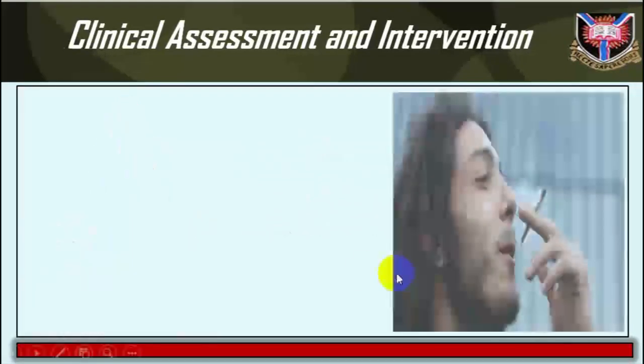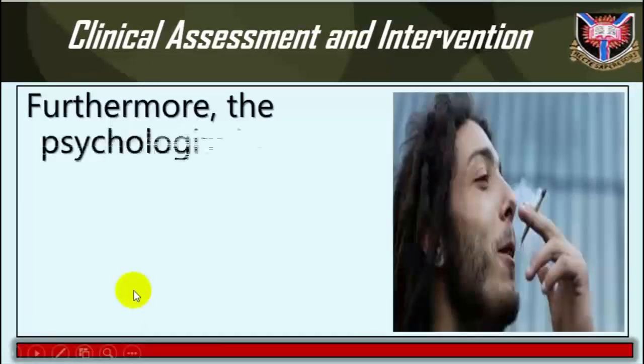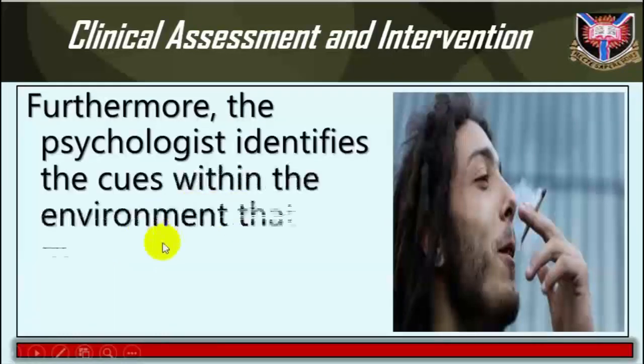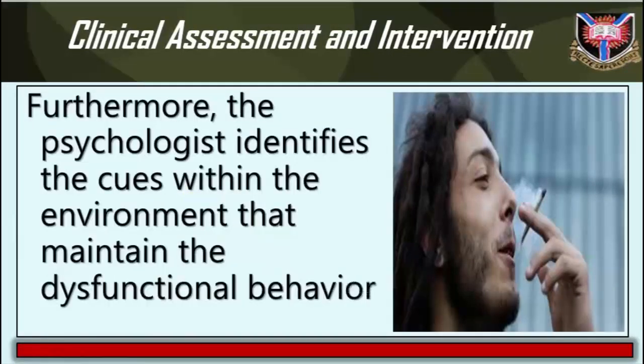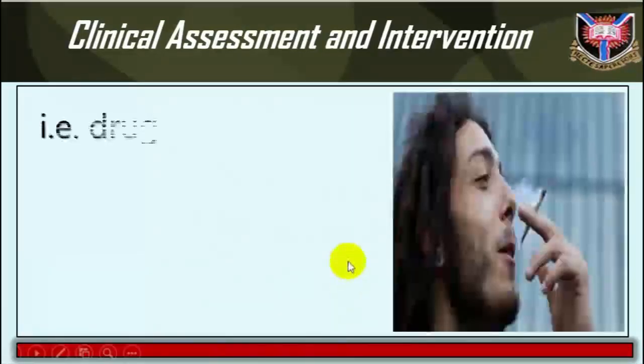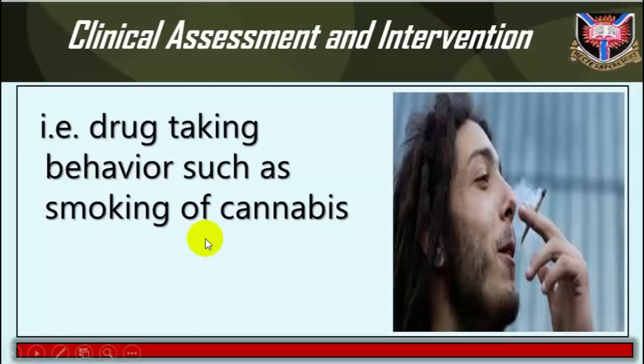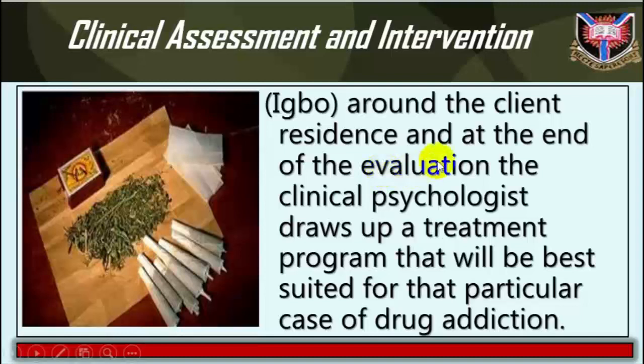Furthermore, the psychologist identifies the cues within the environment that maintain the dysfunctional behavior, that is, drug-taking behavior, such as smoking of cannabis, igbo, around the client's residence. At the end of the evaluation, the clinical psychologist draws up a treatment program that will be best suited for that particular case of drug addiction.